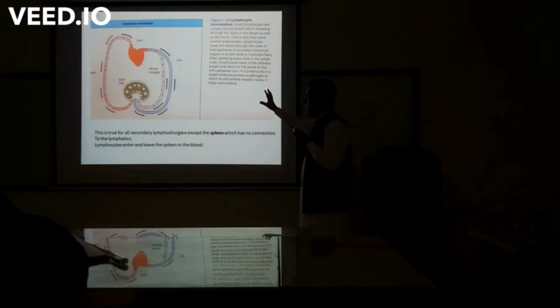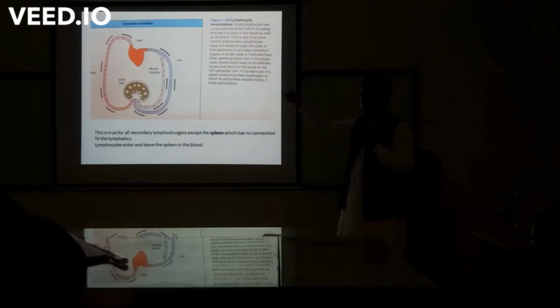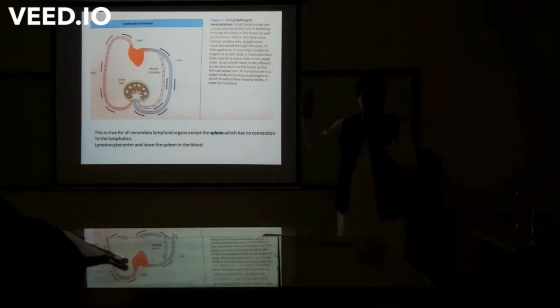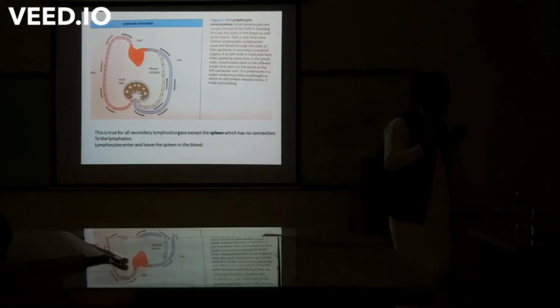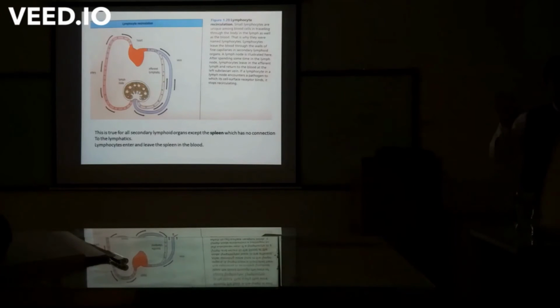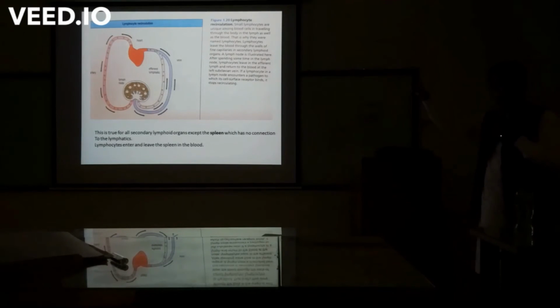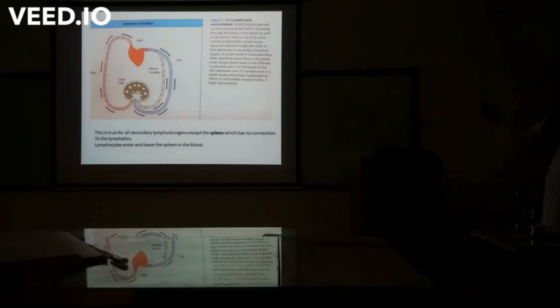So for all the secondary lymphoid tissue, this phenomenon is going to be the same, because they all have the lymphatic system, and the lymph nodes exist there, with afferent lymphatics and efferent lymphatics. Afferent are taking the lymph to the lymph node. Efferent are going to drain this particular lymph into the blood circulation again. So that's why we call them so. These structures are present in all the secondary lymphoid tissues.